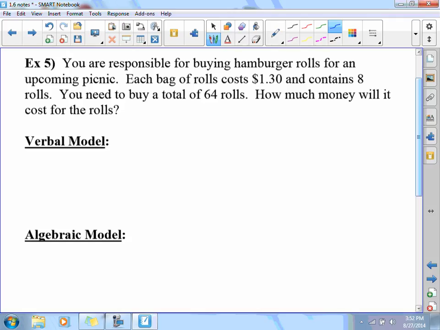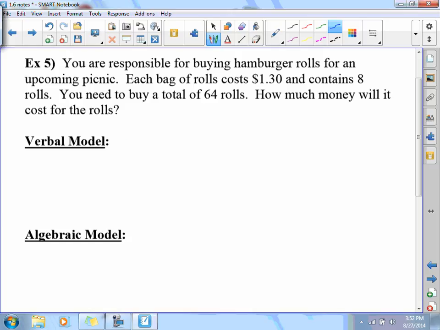So again, what do we know? We know that you need to buy the hamburger buns. You need to know the cost per bag, and you need to know your total cost. You need to know how many bags you need to buy. Okay. You can't buy individual rolls. So let's see.